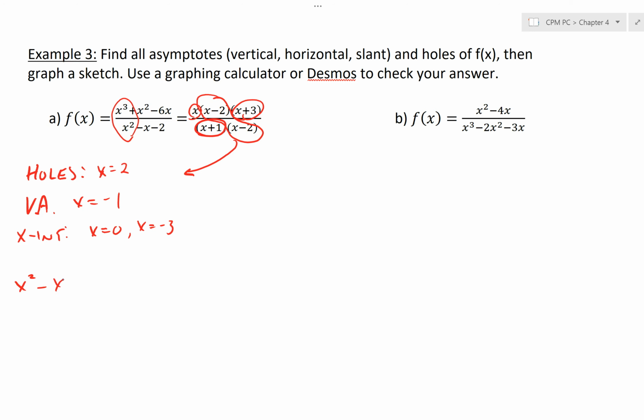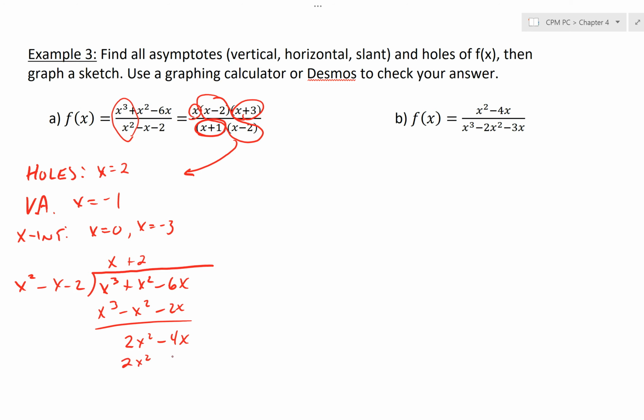x squared minus x minus 2 into x cubed plus x squared minus 6x. That goes in x times. Subtract, and we get 2x squared minus 4x. And then it goes in twice. 2x squared minus 2x minus 4.